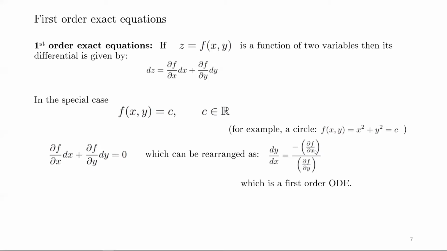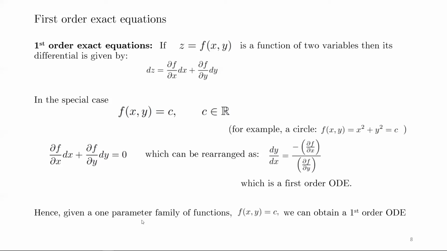The partial derivative of f with respect to x is just some function of x and y, and the partial derivative of f with respect to y is also some function of x and y. So this can be a linear or nonlinear ODE, but the point is it's a first order ODE.